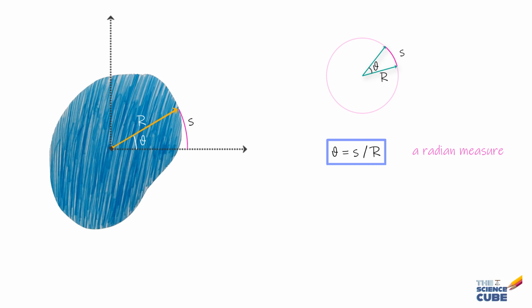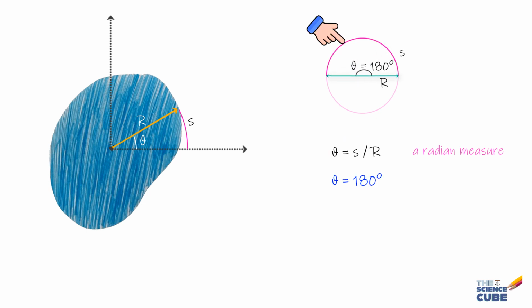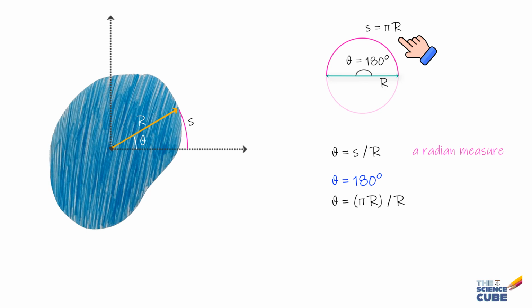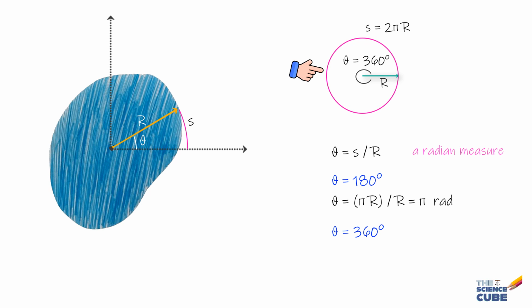As an example, a 180 degree arc would have an arc length of half the circumference, or pi r, and if you divide this arc length by r, what you get is the radian equivalent of 180 degrees, or pi radians. Likewise, if you move 360 degrees, your s value is nothing but the circumference itself, that is 2 pi r.